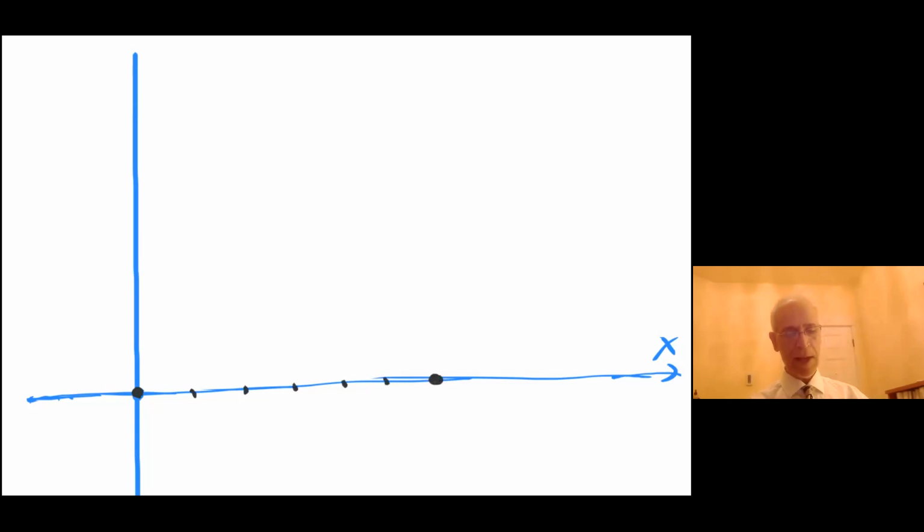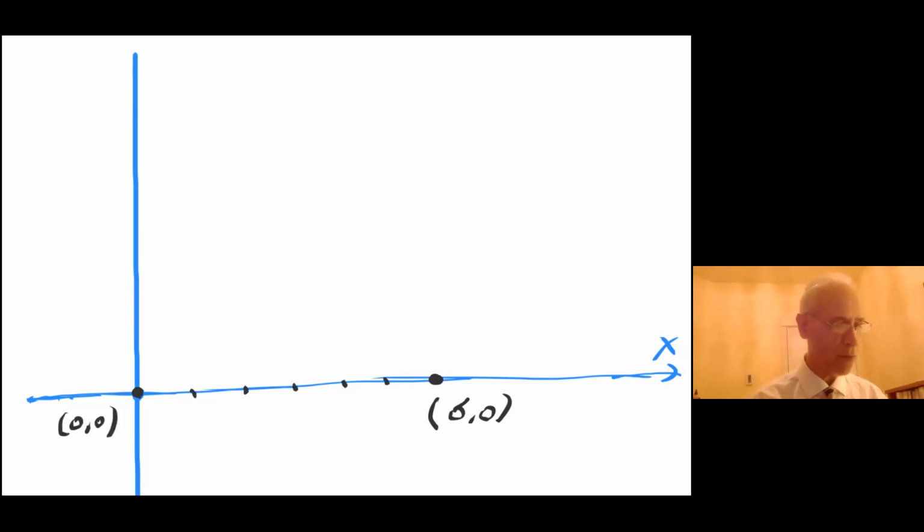So here was 6 comma 0, and this point was 0, 0. And we said that the local maximum was at 2 comma 32, so somewhere up here, 2 comma 32 was my local max.